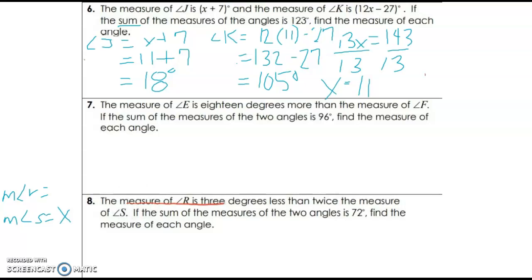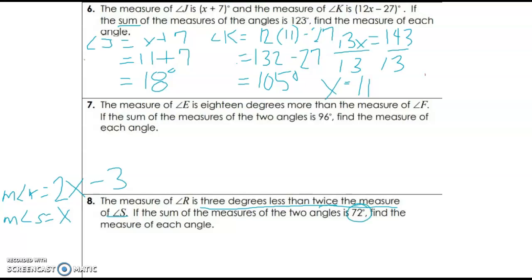Then we have the measure of R is 3 degrees less than twice the measure of S. So if we represent the measure of angle S with x, then to figure out the measure of angle R, we would represent that with 2 times x, because that's twice the measure of S, minus the 3 degrees, because this says 3 degrees less than. So that's 2x minus 3.